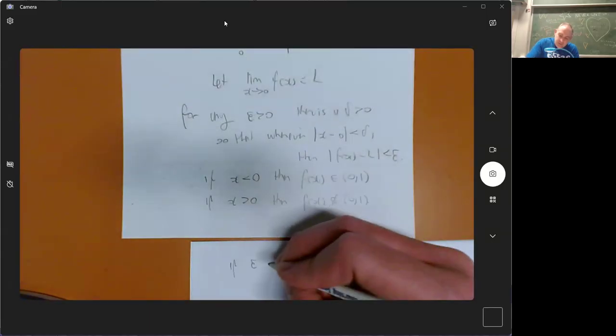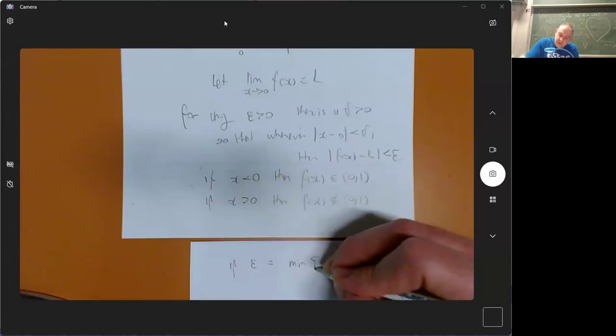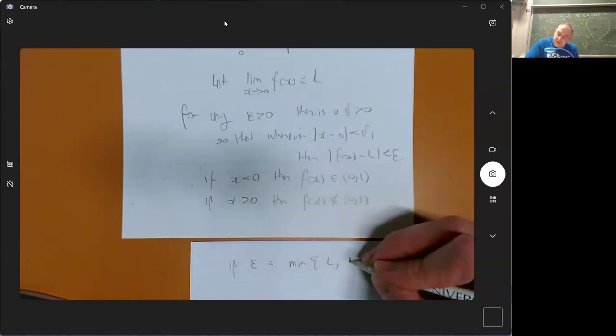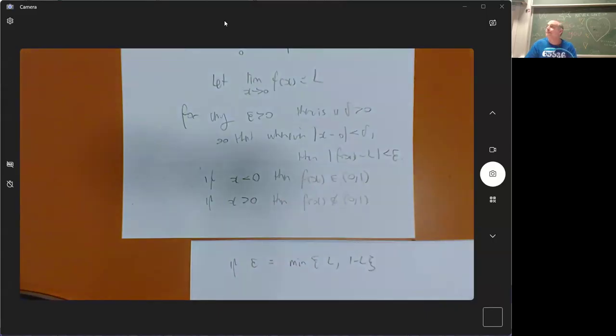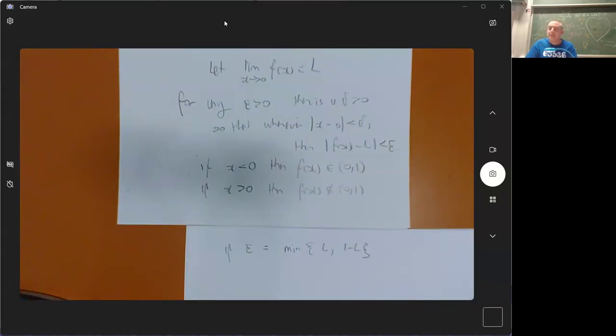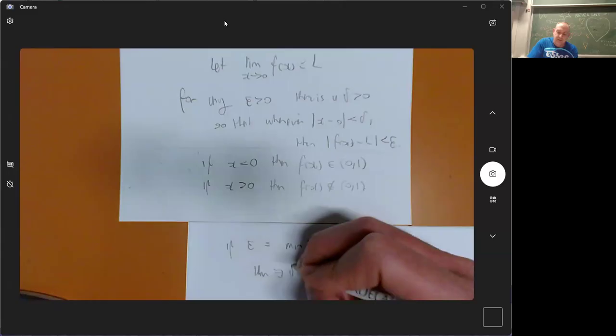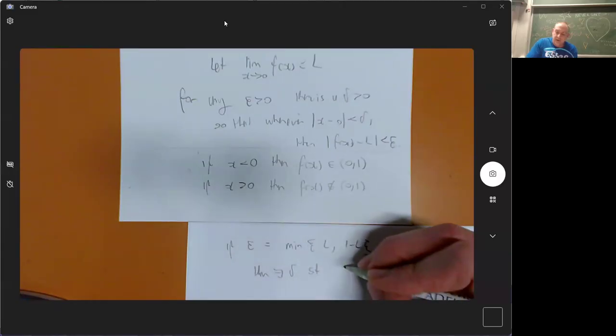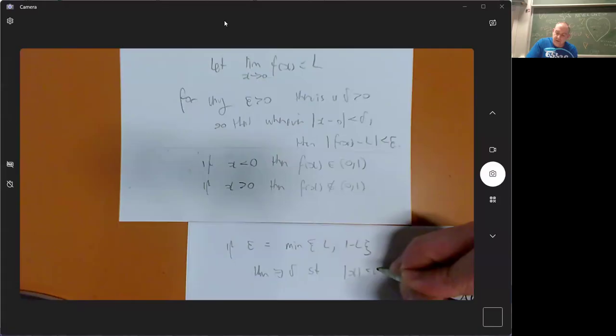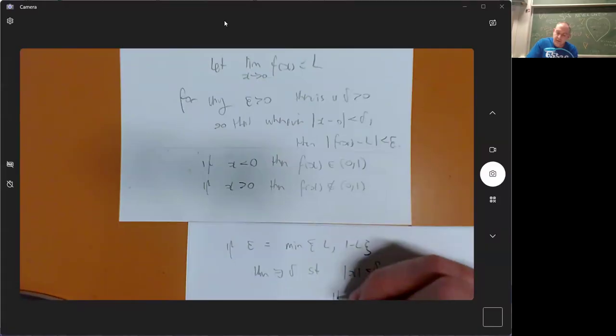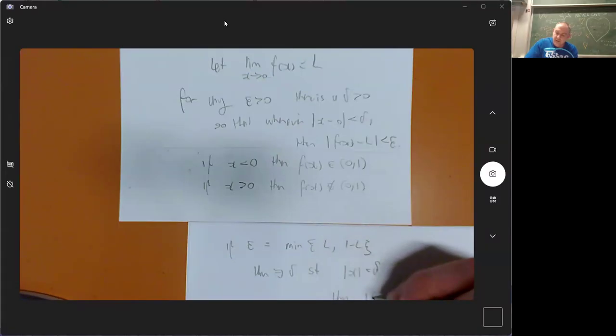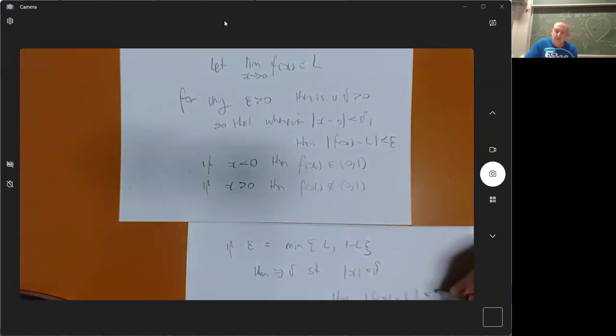If epsilon is equal to the minimum of the distance between L and 1 minus L, whatever those two things are, then there exists a delta such that when x is less than delta, then f of x minus L is less than epsilon.